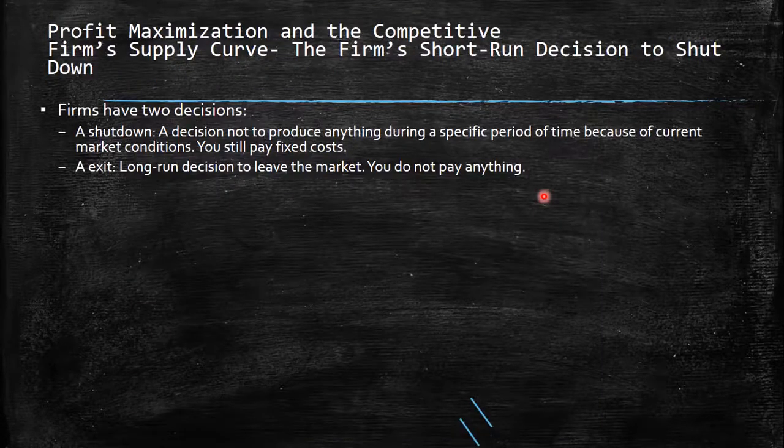So here we're going to talk now about the firm's short run decision to shut down. The first idea that we need to understand here is that firms have two decisions: shutdown or exit. When we have a shutdown, this is a decision not to produce anything during a specific period of time because of current market conditions.